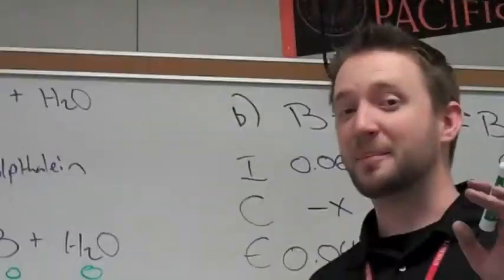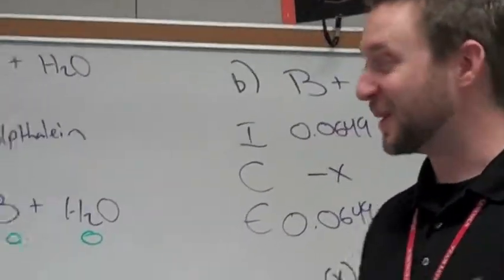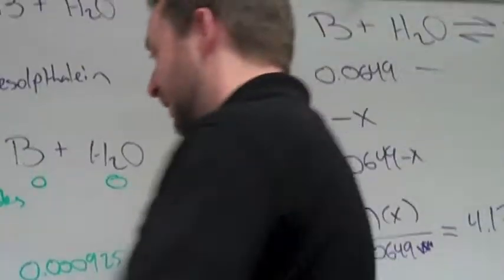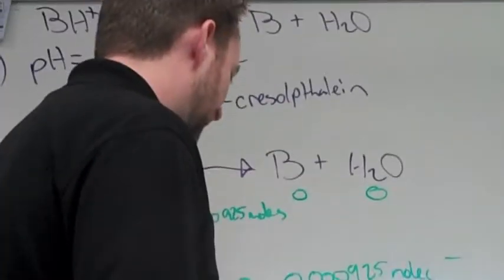It should be obvious to you guys at this point, if we have the acid and we have its conjugate base, what we really have is a buffer. So in order to calculate the pH, we are going to apply the Henderson-Hasselbalch equation. pH is equal to the pKa of the acid plus the log of the ratio of the base over the acid.